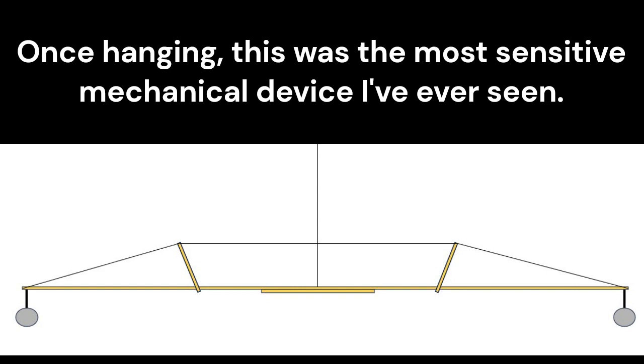Once I had it hanging, it was the most sensitive mechanical device I've ever seen. First of all, just getting it to balance horizontally, I had to add a few coins to one end because it wasn't perfectly balanced. But then any slight touch, it was almost impossible to move this thing with your hand and then let it go without giving it some residual push.